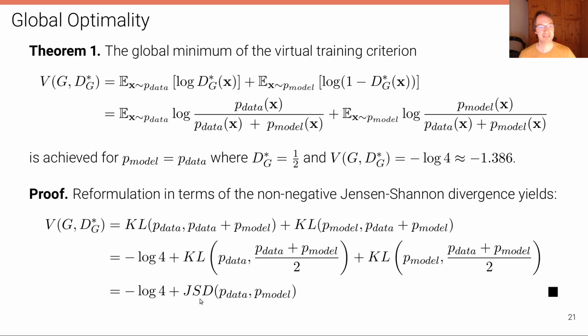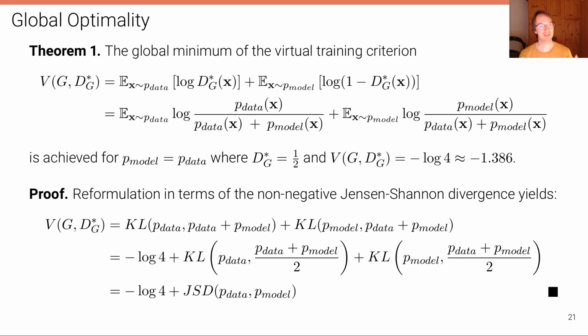So we've shown that this virtual training criterion attains its minimal value if the data distribution and the model distribution are the same. And at that point, this Jensen-Shannon divergence becomes equal to 0, so that the minimal value of this expression is minus logarithm of 4. And this is concluding this proof.